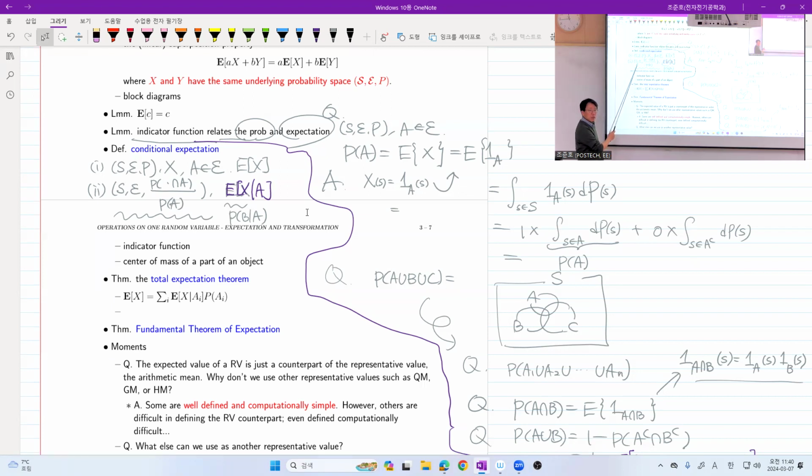You implicitly derive the conditional probability measure, and using that measure, which we may call Q, as we say P, this may be defined as the integration over S in the sample space of X of S dQ of S, right? Same thing.